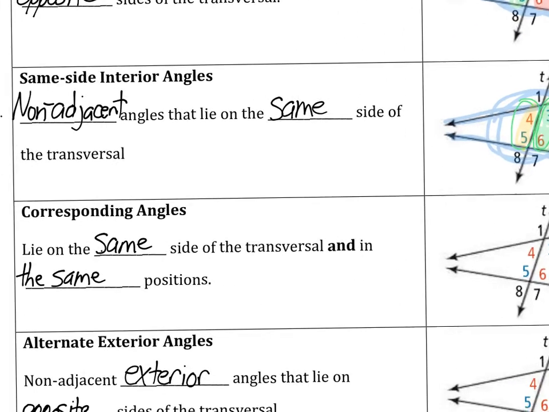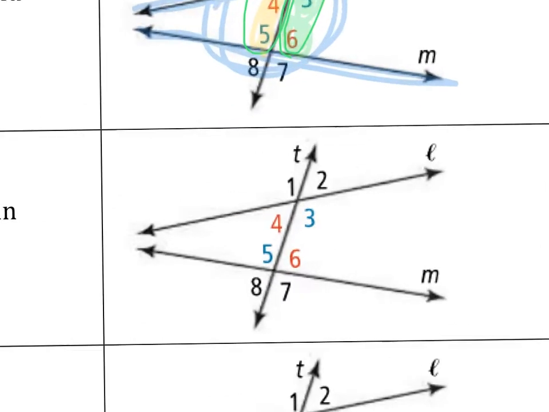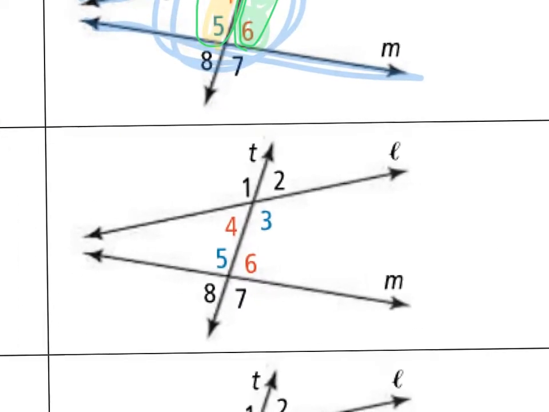So the next part, corresponding angles lie on the same side of the transversal and they're in the same position. So a way to remember, corresponding just means they're the same. So now let's take a look at our picture. So I'm looking at my two lines. Okay, this one has an easier way to do this. Very first thing that I want to do is I want to draw a dot everywhere that there is an intersection.